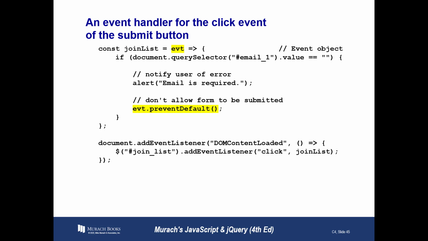Well, we're setting up an event handler, and we're saying if the value of that box for the email is empty, we want to say email is required, and we want to call a prevent default, meaning we don't want it to go on. All right. This is sometimes called event, sometimes called EVT, sometimes just called E. It's the actual event right here.